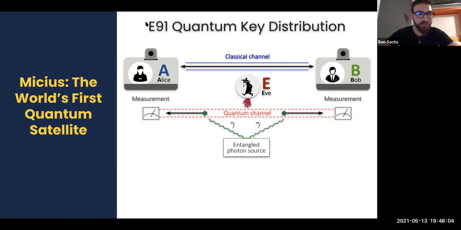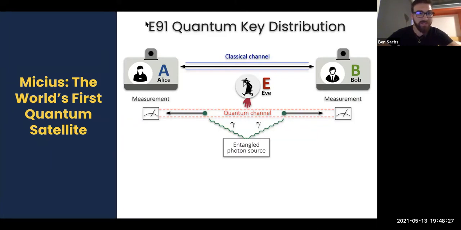Let's say someone else measured that photon and then gave Matthew a new photon or something like that. Then the correlation between my measurements and Matthew's is going to be off. We're going to lose that correlation, so you can't eavesdrop on it.